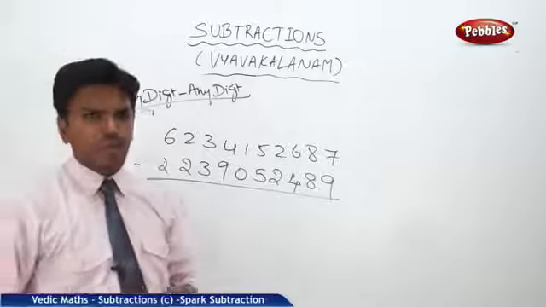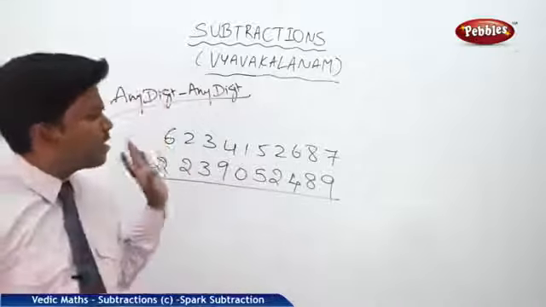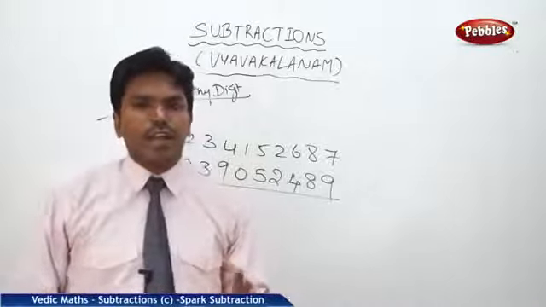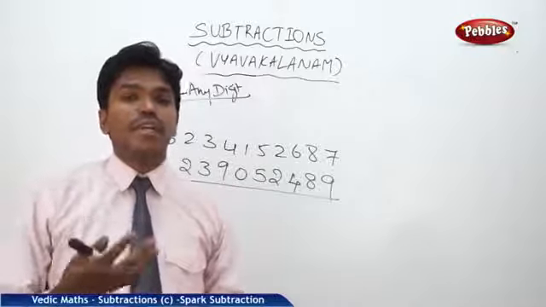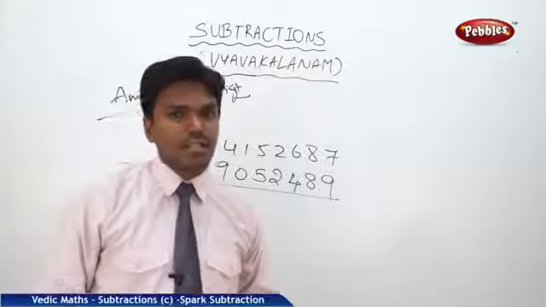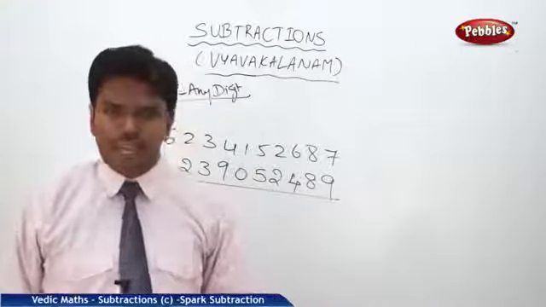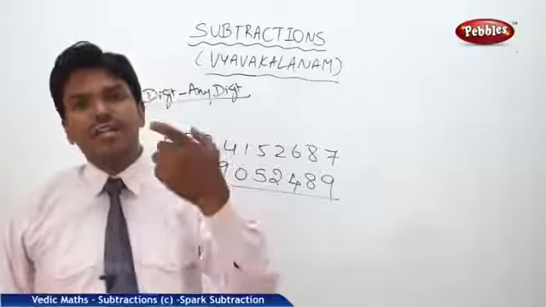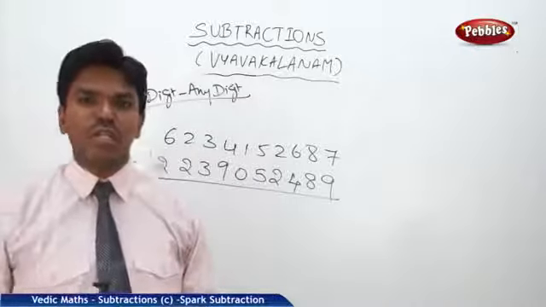Friends, if you observe, I have taken the numbers in such a way that they involve many exception case numbers. What is that exception case? The above and below numbers are the same, or the main digit or subprime digit are both the same.